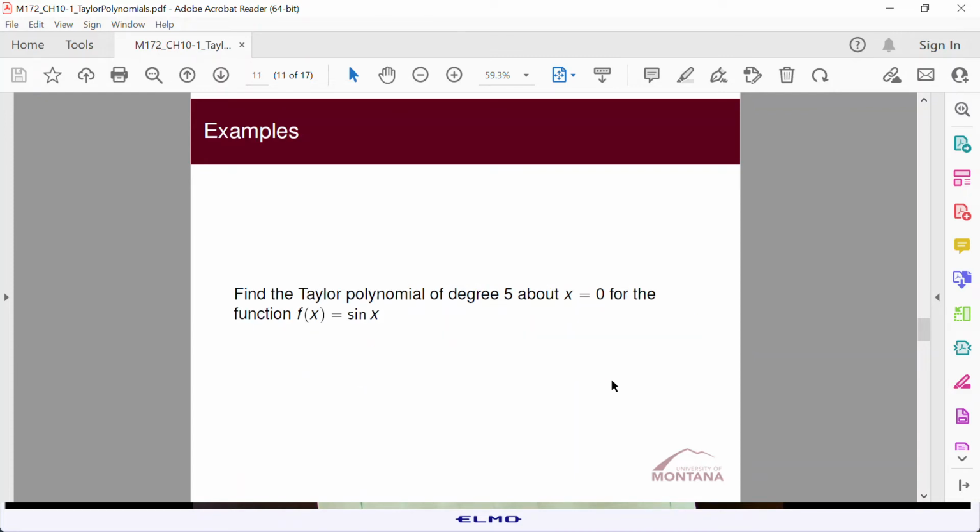Let's just do this more quickly this time for a fifth degree Taylor polynomial approximation of the sine of x. So something a little bit different here. Instead of the cosine, we're going to get the sine.